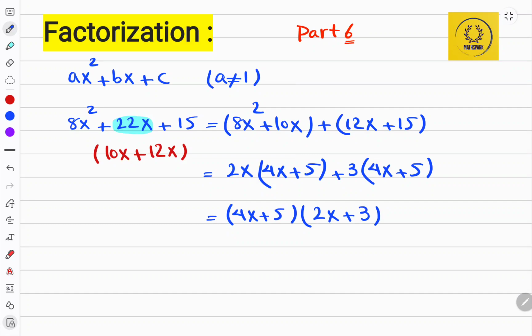But the question is this: how do we correctly split the middle term? How do we determine that 22x must be written as 10x plus 12x? To answer this question, we need to find the product of the leading coefficient and this constant.